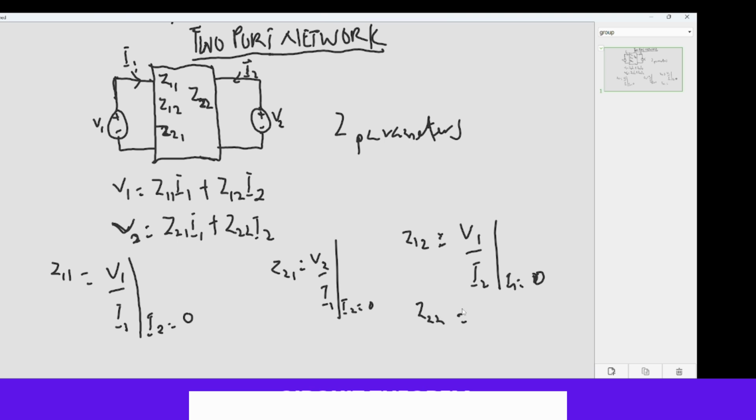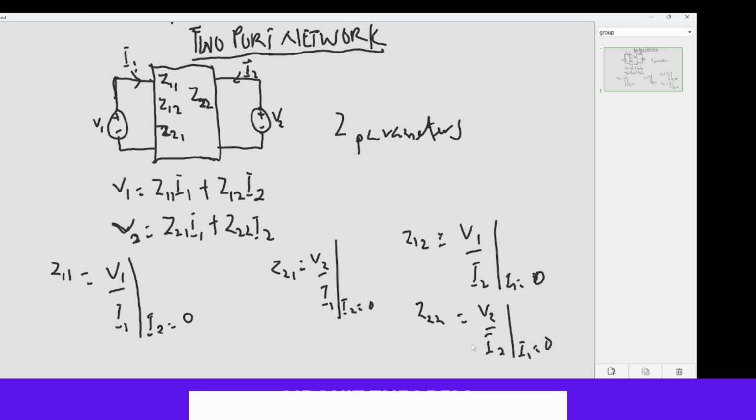For Z22, I1 will be 0, so that we can get the voltage and current. So our Z22 is equal to V2 over I2, where I1 is equal to 0.